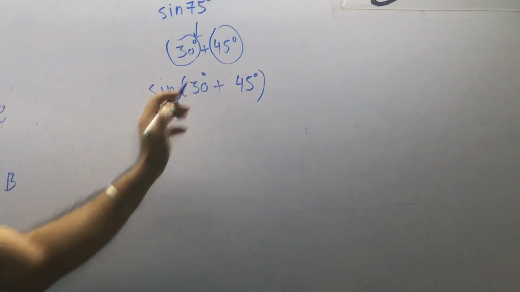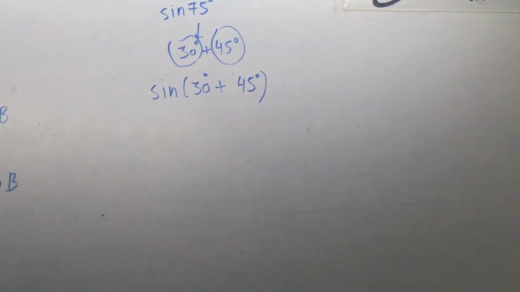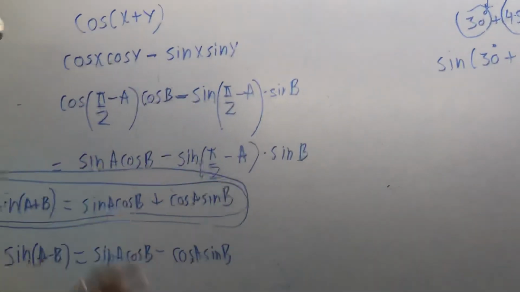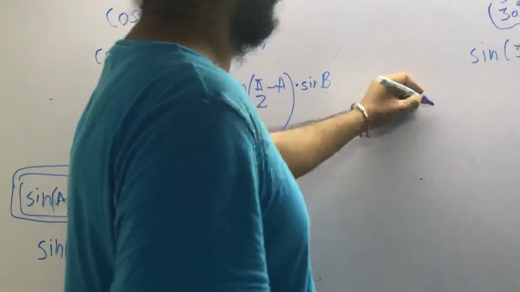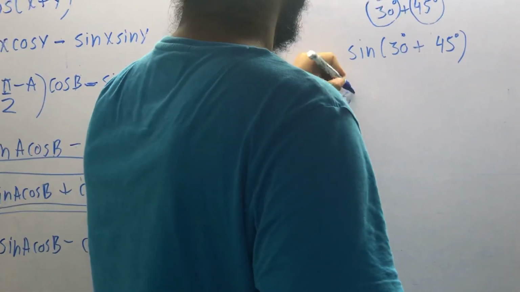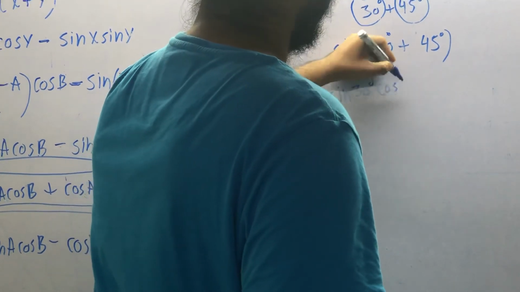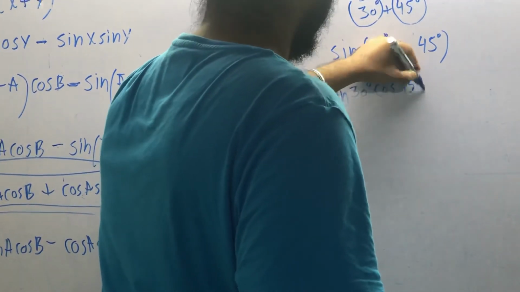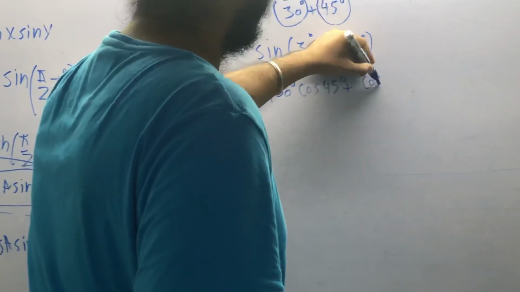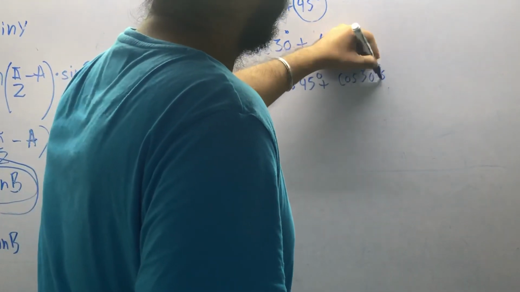Just use the formula sin(A+B), which is sin A cos B plus cos A sin B. So just put the values: sin 30 cos 45 plus cos 30 sin 45.